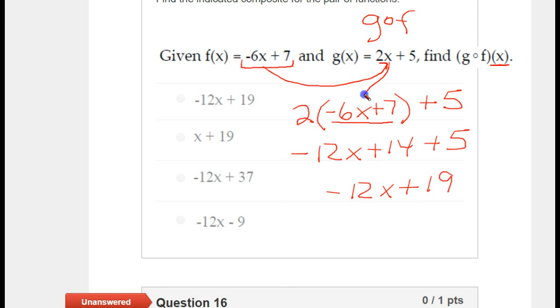This is our x. So we distribute, get this, we're including the 5. So we have this plus 5 here, gives us 19, which is the first one. Again, your practice and quiz me, and then later your test, your modular test, is what is helping to prepare you for this one.